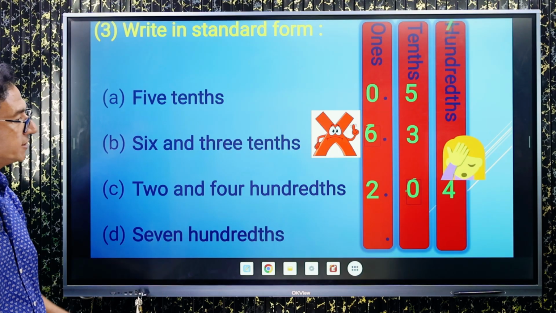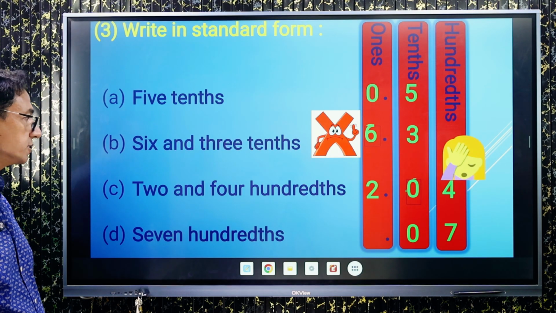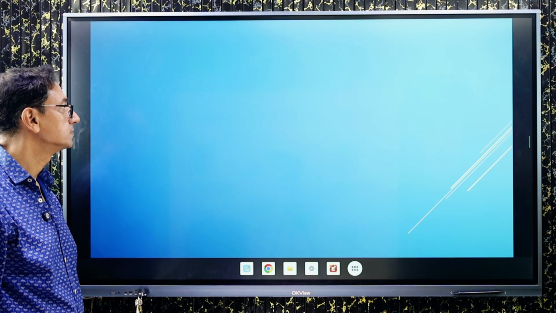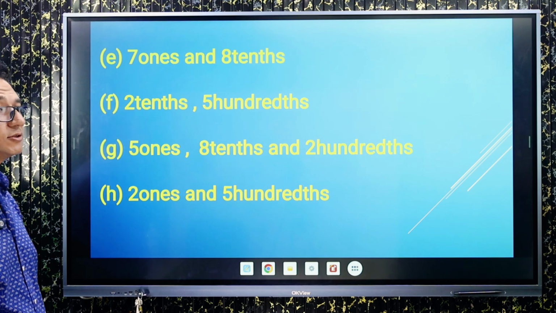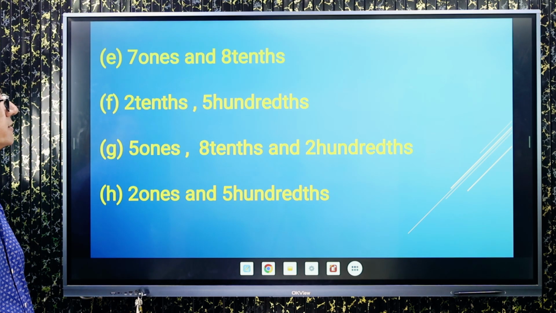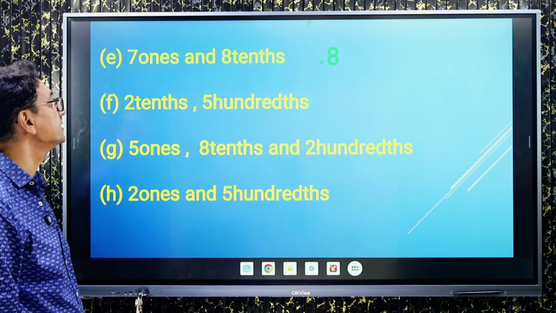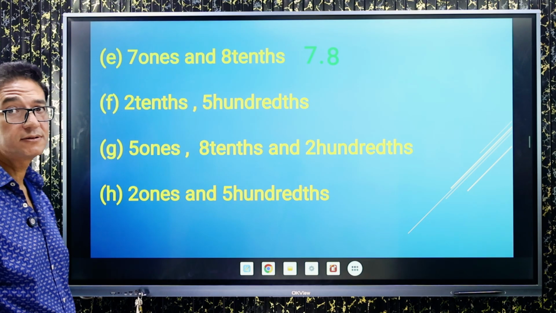Try to do the last one by yourself. 7 in the hundredths place, and tenths 0, and ones 0. Seven ones, try to do it yourself. 7 ones and 8 tenths. Yes. This is the decimal point. 8 in the tenths and 7 in ones. 2 tenths and 5 hundredths.